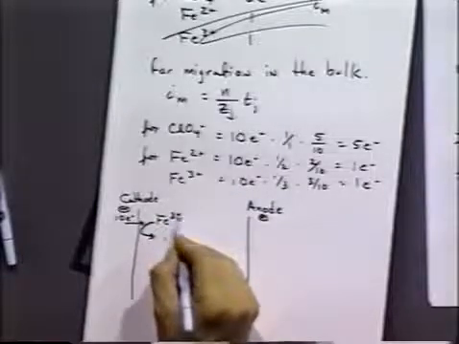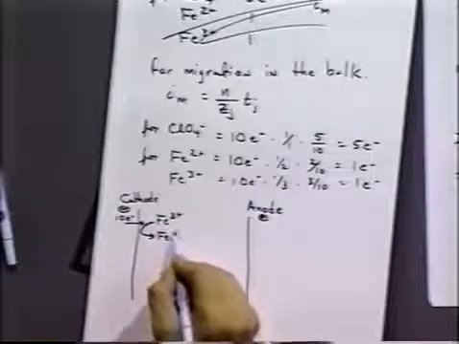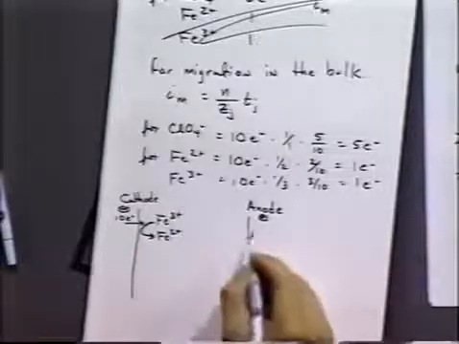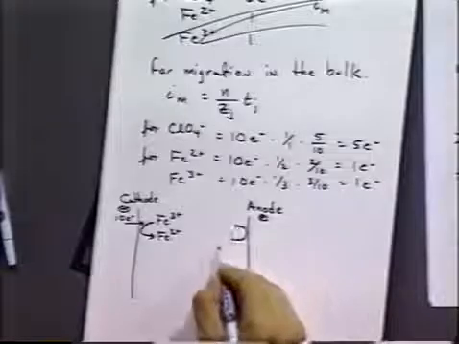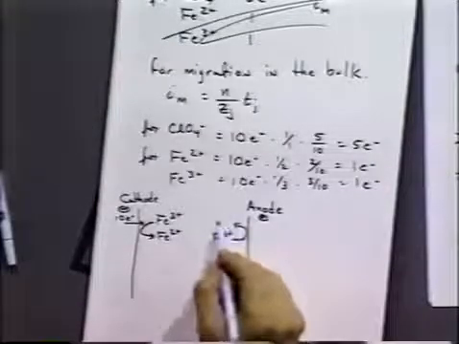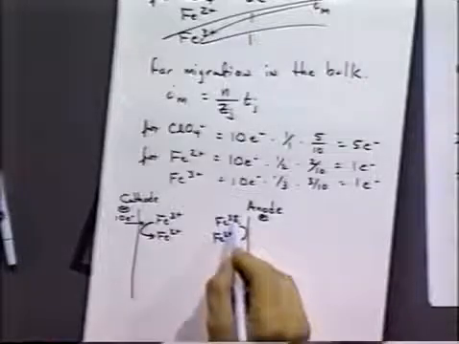So we're going to get a current flow for the conversion of iron 3 plus to 2 plus. And at the anode, we'll have the oxidation occurring, so we're going to have iron 2 plus going back to iron 3 plus.